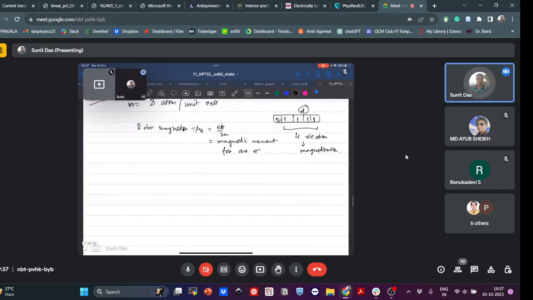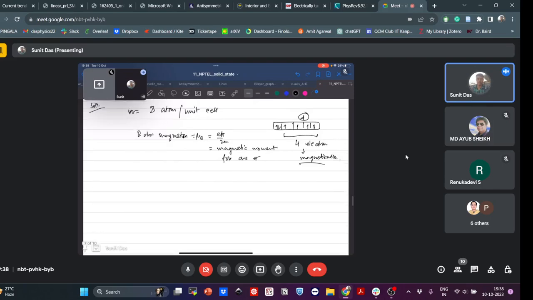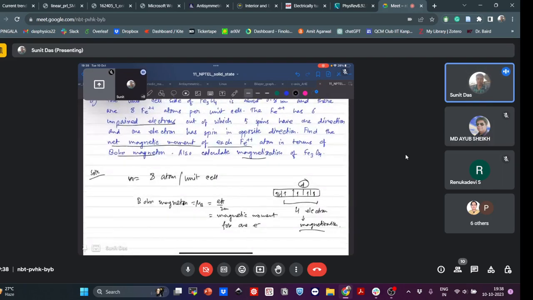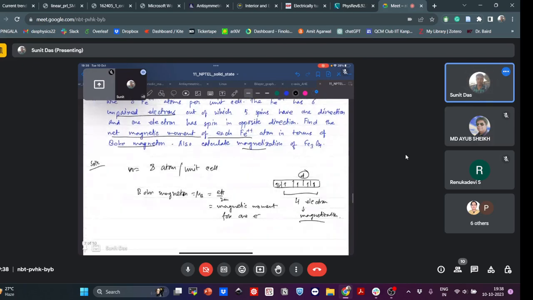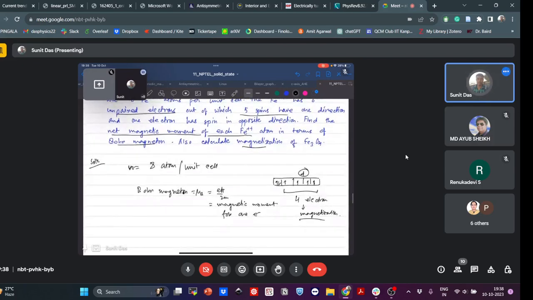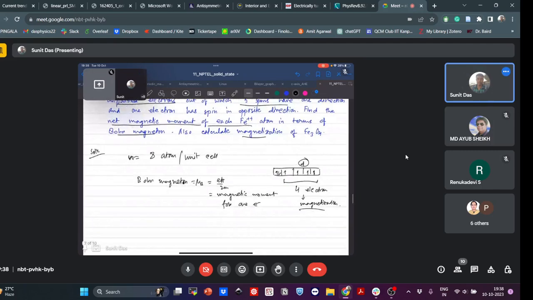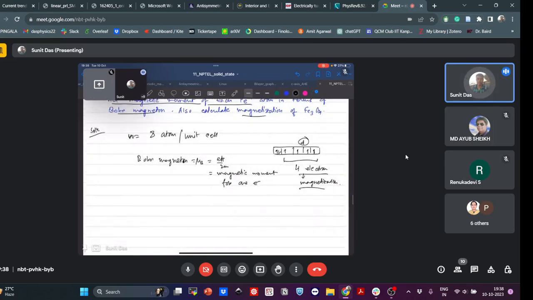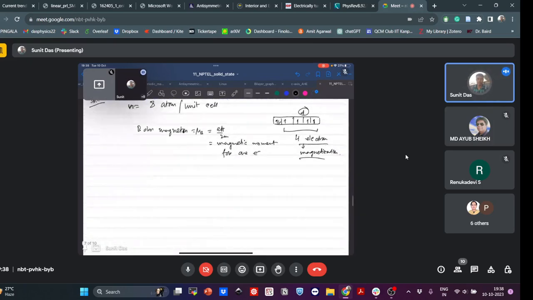Actually, there are 6 unpaired electrons, out of which 5 spins have one direction, and one has the opposite direction. So there are actually 4 electrons which contribute to the magnetization.